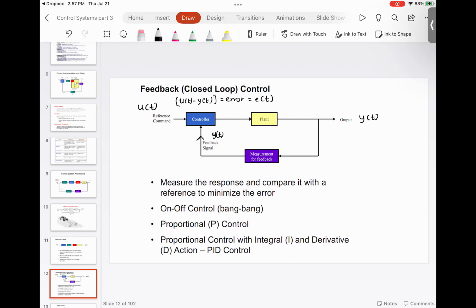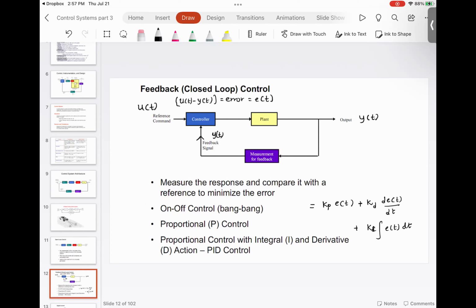And what you do is this e of t you can multiply with a constant, that becomes proportional control. You can multiply that with a derivative of error, that becomes the derivative control, or you can control it with an integral of error.